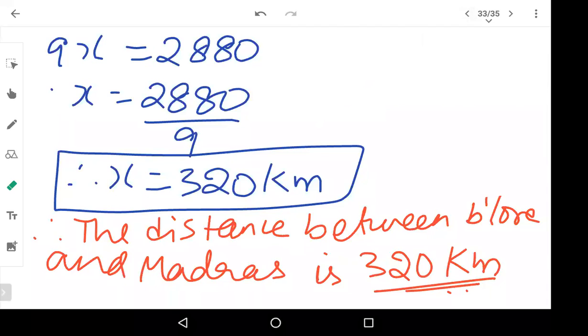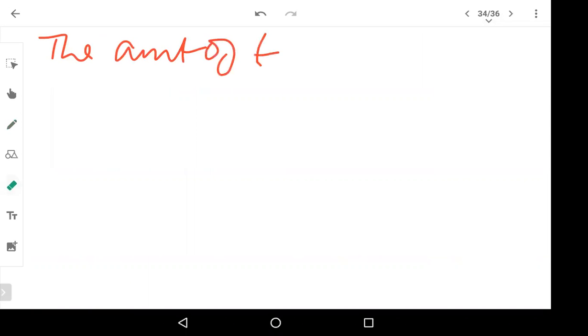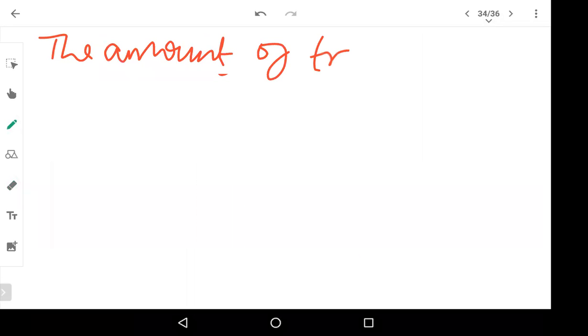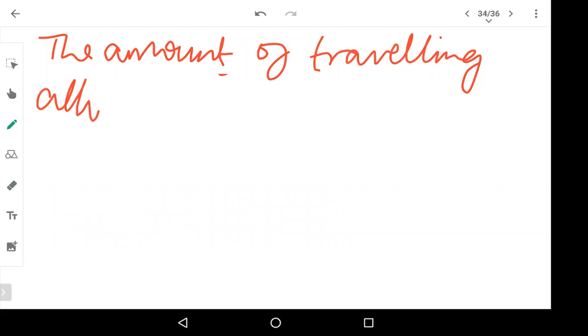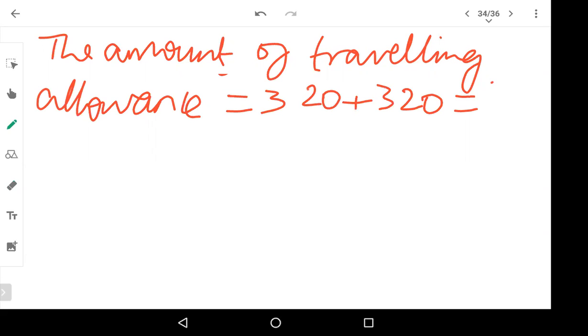I'll just add another page here. So here the next conclusion is the amount of traveling allowance is equal to 320 plus 320, which is 640 kilometers.